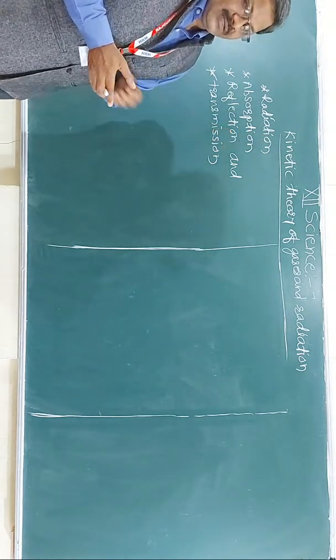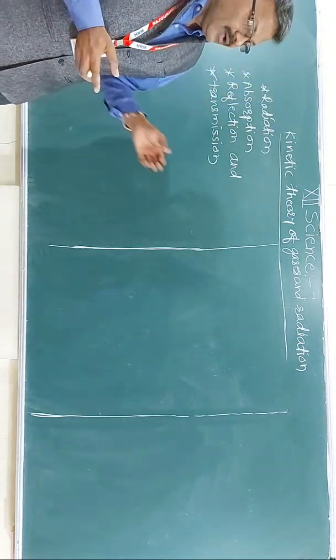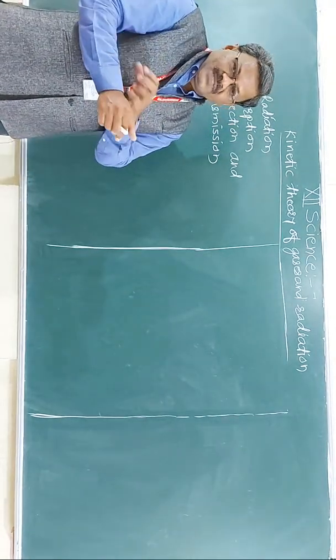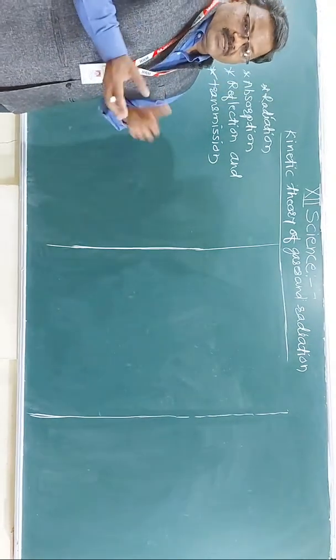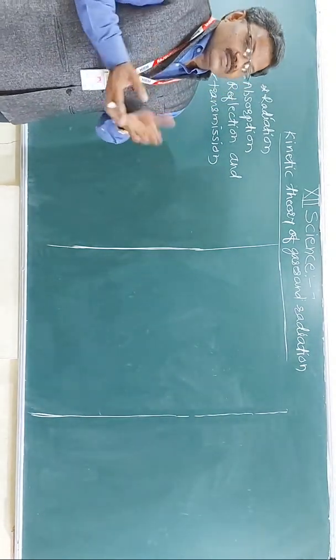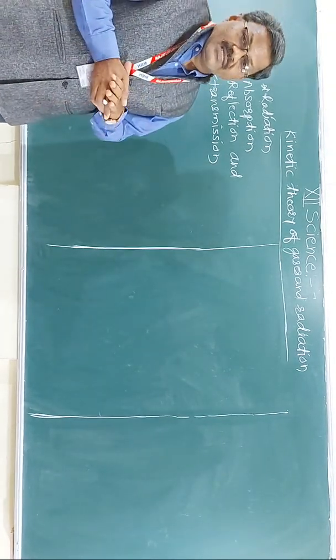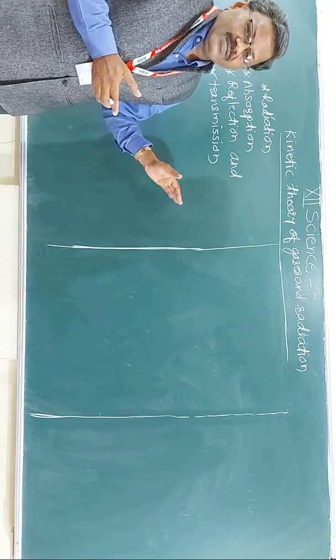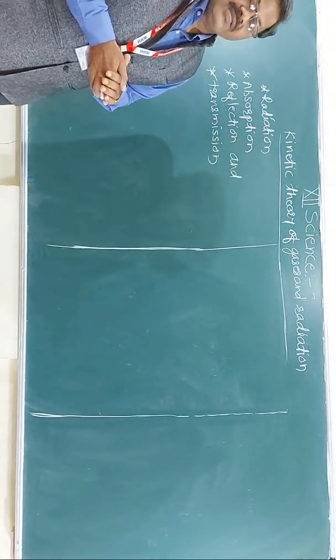Now radiation is also called thermal radiation. When a body absorbs the heat, its temperature increases and it becomes a source of radiation. It is known as thermal radiation. And what happens in thermal radiation?